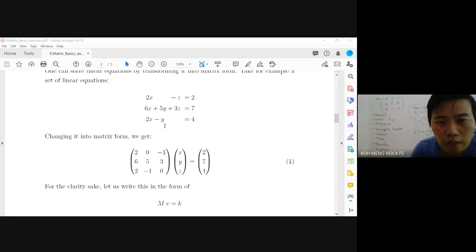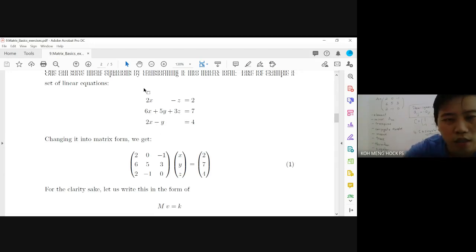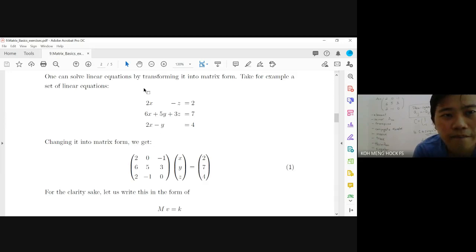Normally when you learn linear algebra, they keep on saying linear, linear, linear, but what does linear mean? They say this is a linear set of equations, right? What is linear? You can solve a linear equation, but what is a linear equation? Just to refresh our mind.